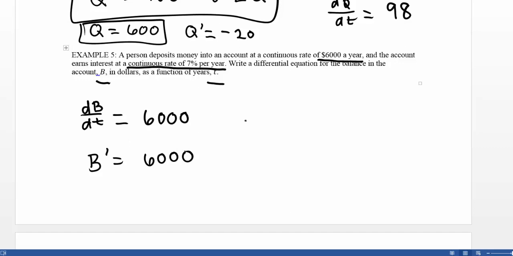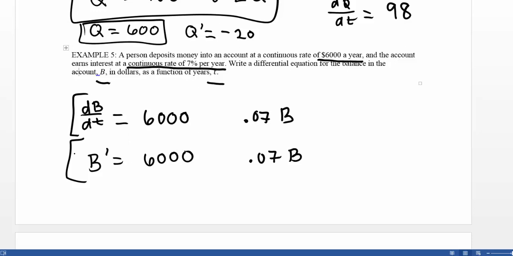So we're going to put 0.07 to represent 7% times B. 7% of the balance is telling us how much our balance is going to change. Remember, we're modeling how much our function changes, not how much is in the account, but how much it changed from year to year, right?